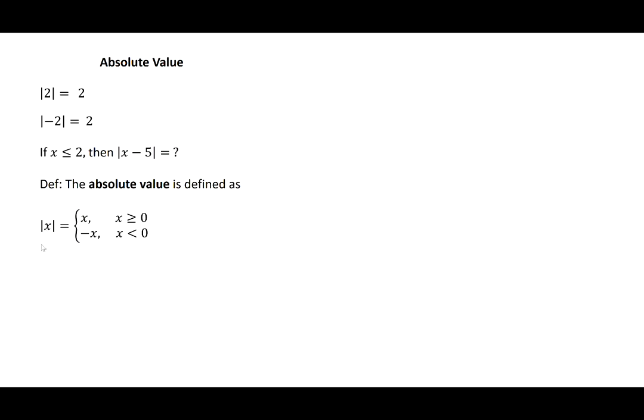So, the absolute value of a quantity equals the quantity if the quantity is greater than or equal to 0, and is the negative of the quantity if the quantity is less than 0. I can read it like that.